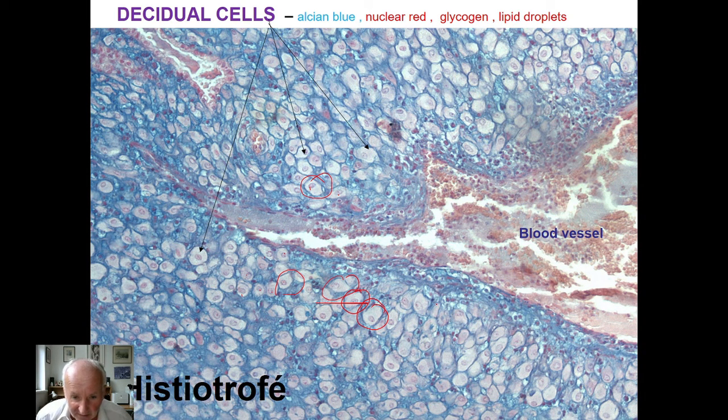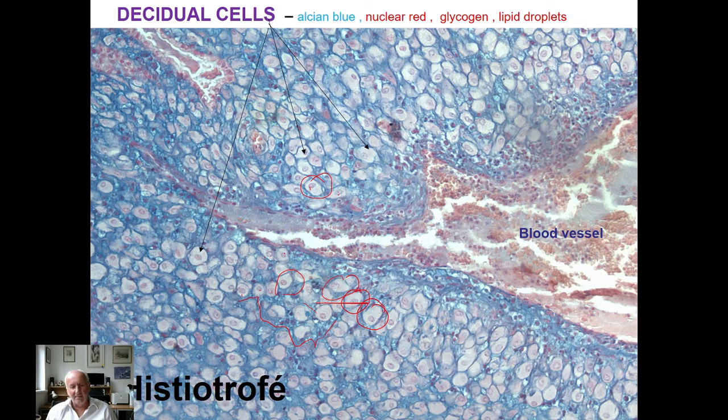In the cytoplasm, many lipid droplets. You see around the decidual cells a blue color of the extracellular matrix with glycosaminoglycans. They are also polysaccharides. This staining is Alcian blue, counterstained with nuclear red. So this is a perfect decidua.